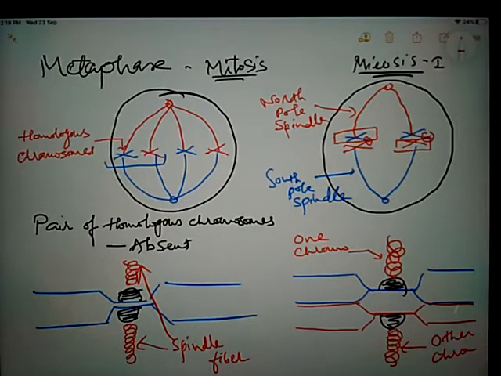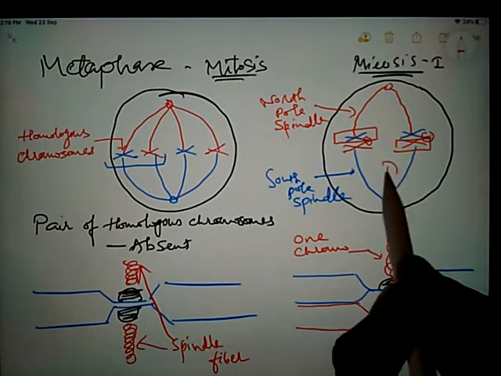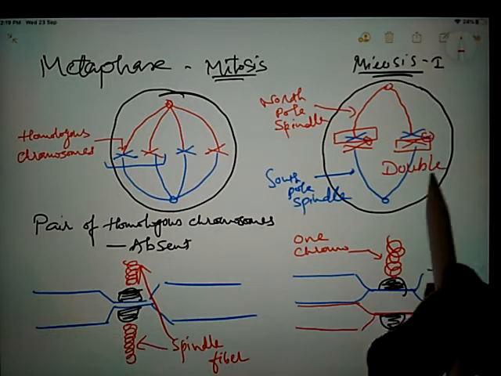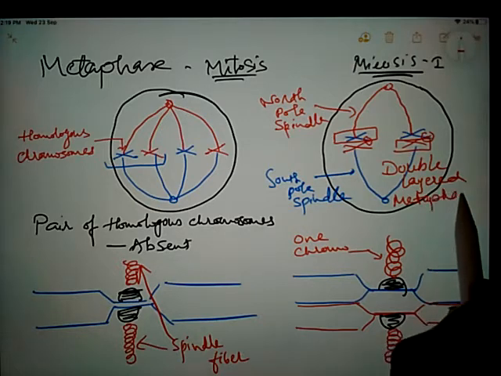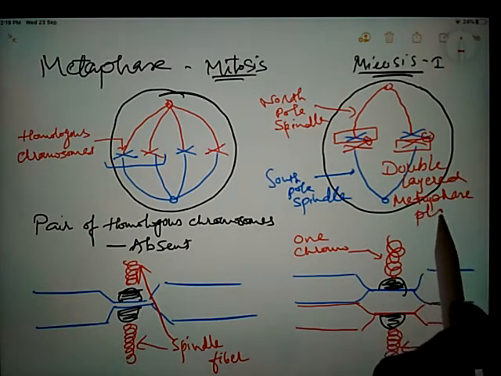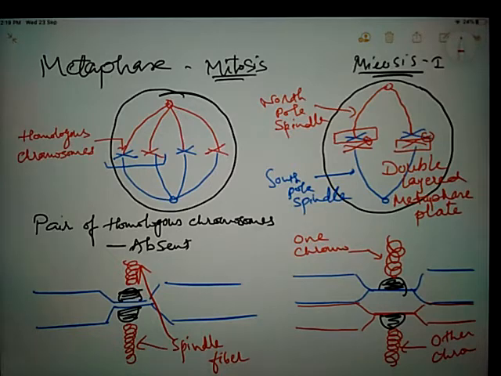It is a double layered metaphase plate. Why? Because of the pairing of homologous chromosomes. This is the reason it has a double layered metaphase plate. I hope it is very clear to your mind.